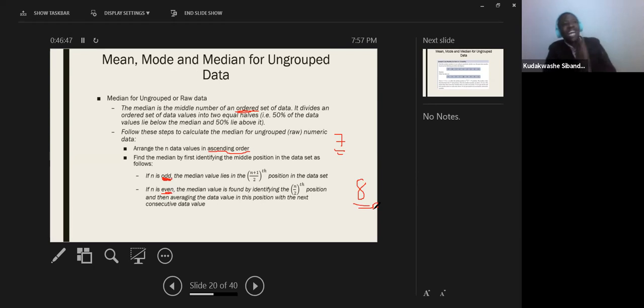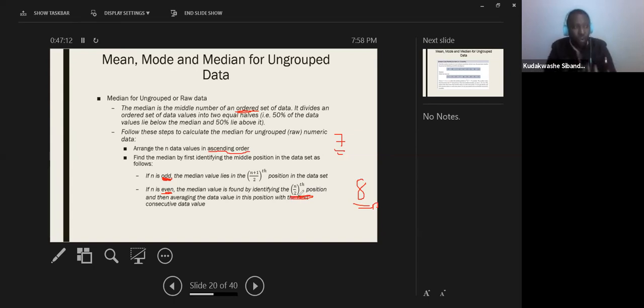If your data set is an odd value, you use this formula to calculate the median position. But if the number of data is even, then you have to use this formula there.